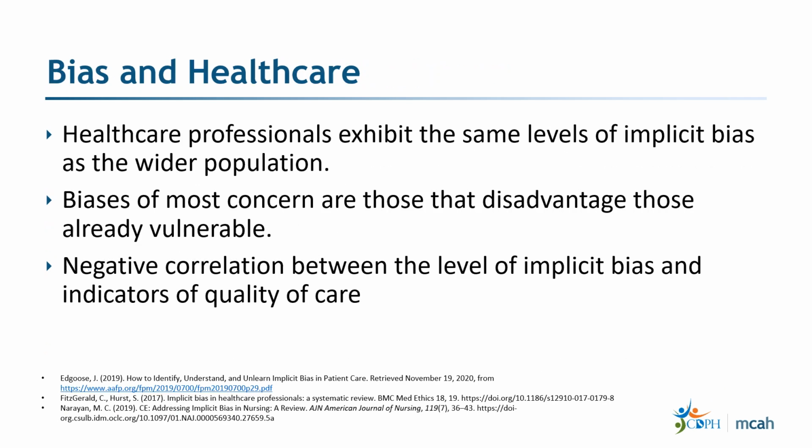Implicit biases are present in any situation, including healthcare. A variety of studies conducted in various countries using different methods and testing different patient characteristics found evidence of implicit biases among healthcare professionals. The biases of most concern are those that disadvantage those that are already vulnerable.